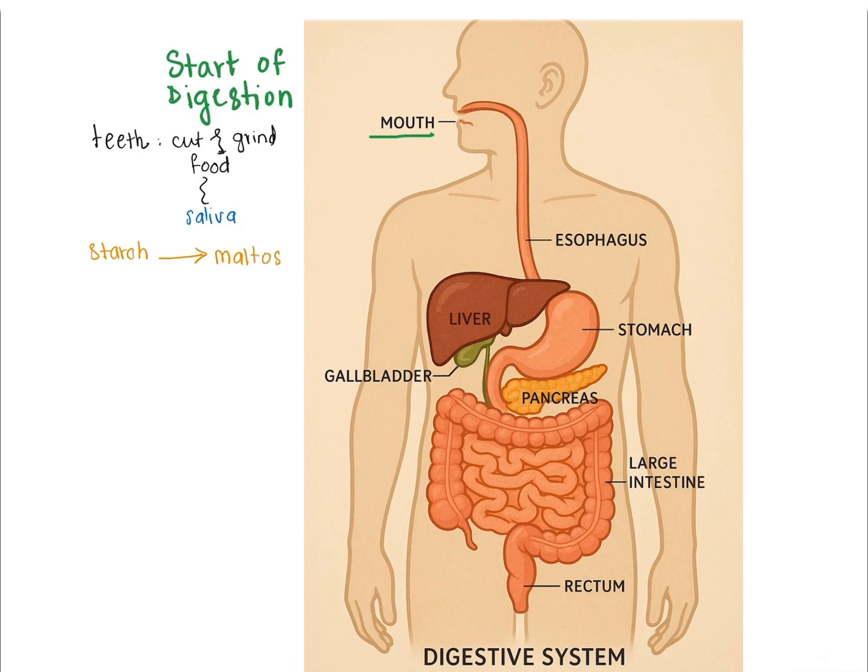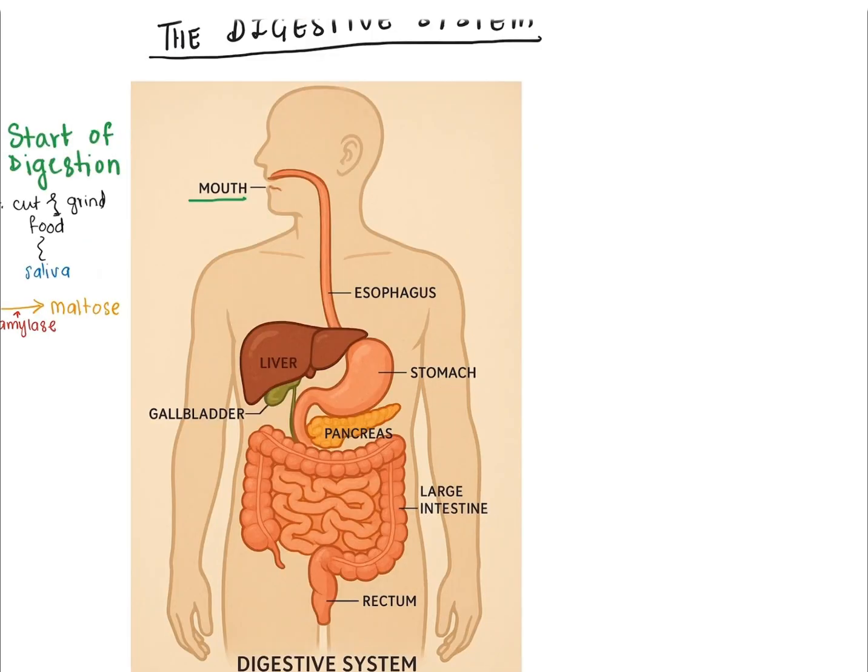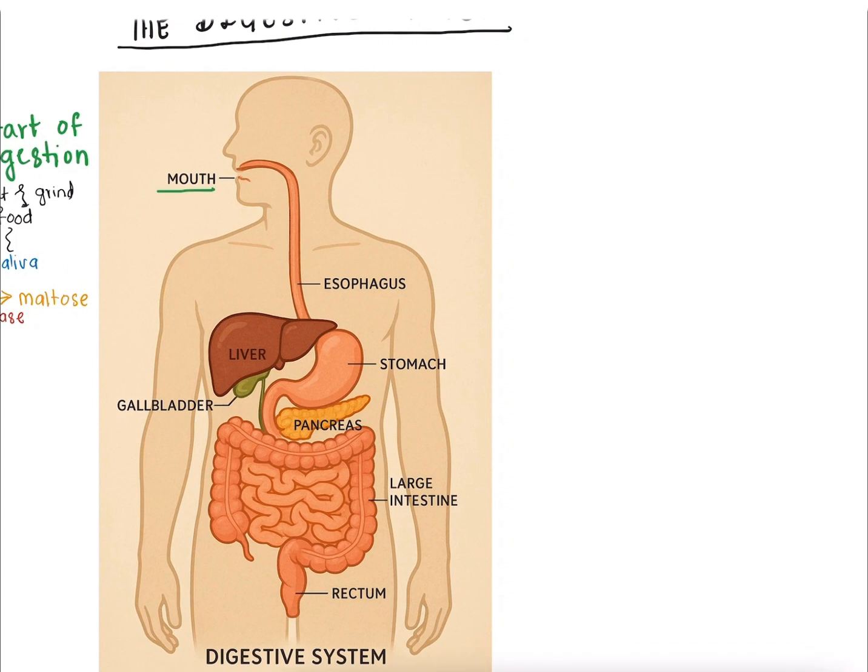For example, in the mouth, there's an enzyme called salivary amylase, which breaks down starch into maltose. I'm going to write the enzyme in red here, the salivary amylase. And that's the chemical digestion. Starch, carbohydrates, these are broken down by the salivary amylase in the mouth.